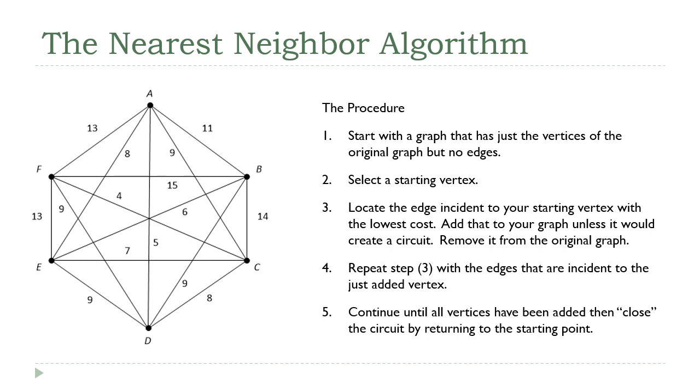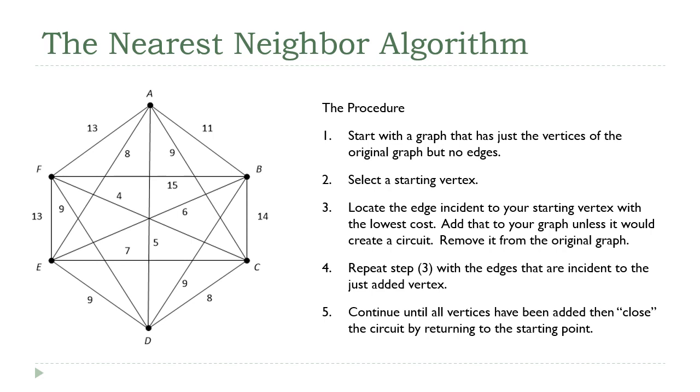And we're going to keep repeating this process until one of two things happens. Either adding the least cost edge would create a circuit, which we want to avoid, because we don't want the graph to close up prematurely, in which case we just skip that and move on to the second best edge. Or we've added all the vertices, in which case we close up our graph. We add the edge connecting the last vertex we ended up on to our starting vertex, and we're done.